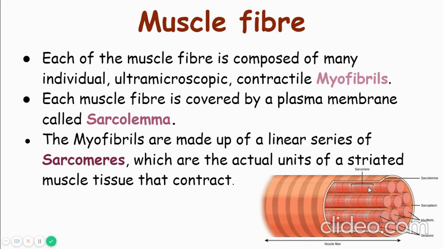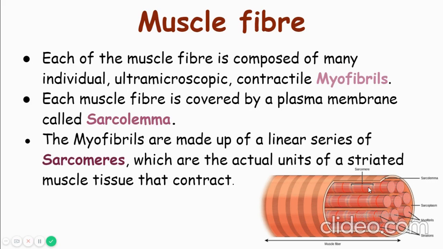Basically, each skeletal muscle is composed of thread-like structures called muscle fibers. Each muscle fiber is composed of many contractile myofibrils. Each myofibril is made up of a linear series of sarcomeres.